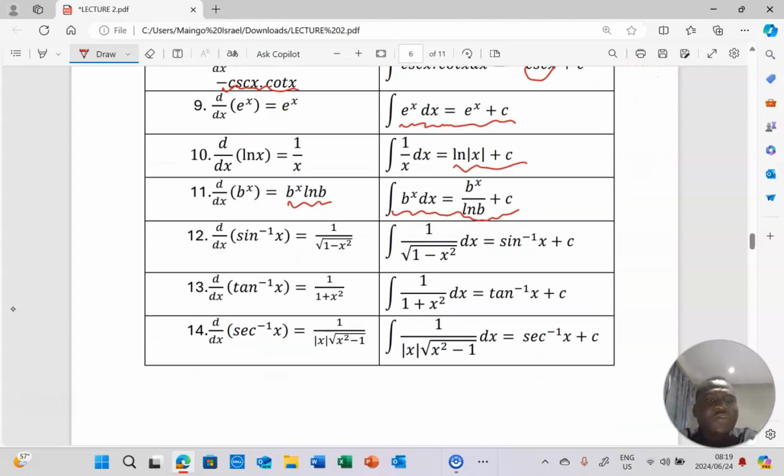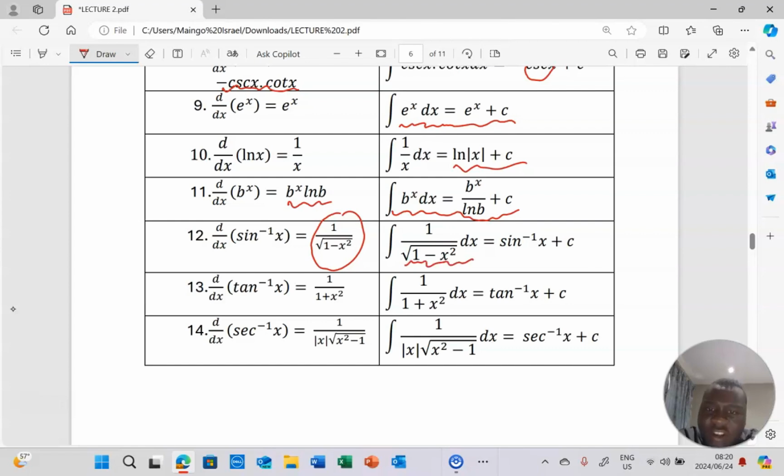So the derivative of the inverse sine of x with respect to x is 1 over square root of 1 minus x squared.